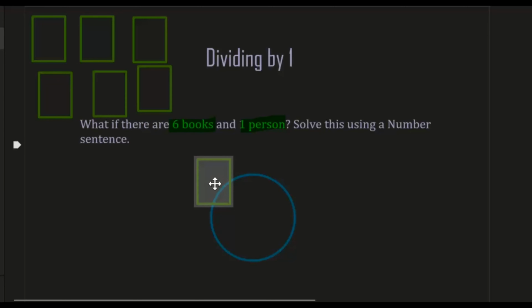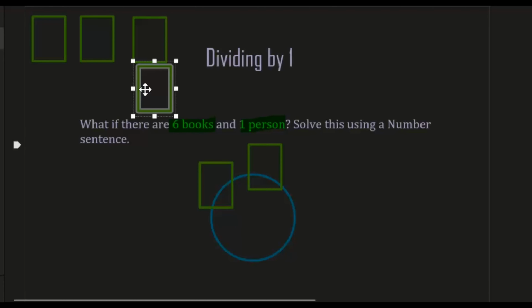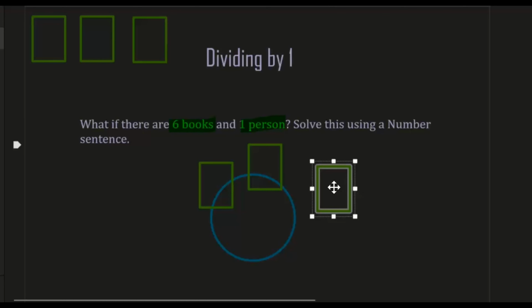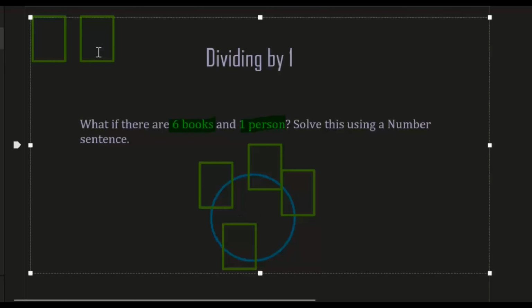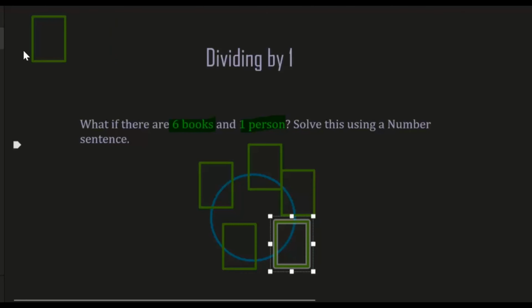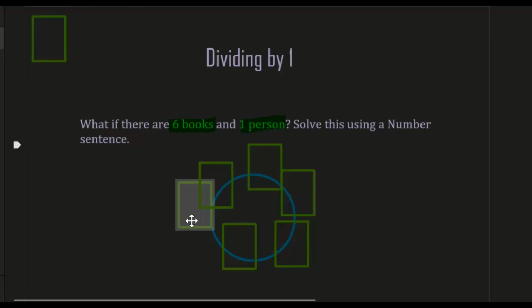Now that there's only 1 person, all you need to do is simply put all the 6 rectangles near that one person. Now, as you can see, this one person has all of the books.